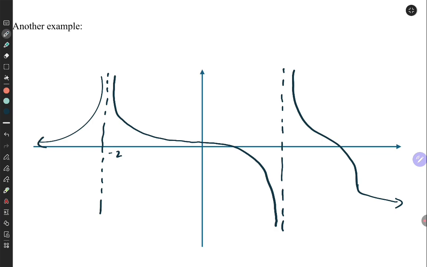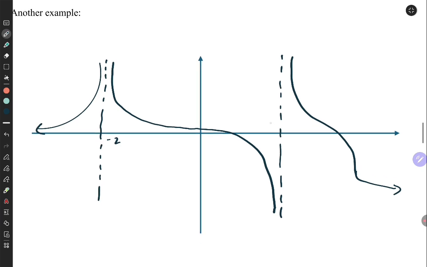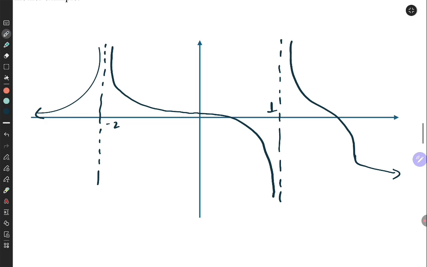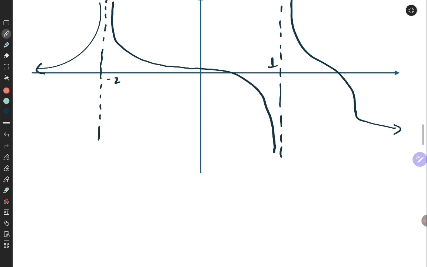Something like this: negative 2, maybe 1. Can you analyze the limit at negative 2 and 1? When you say analyze the limit at some number, that means you are looking at the left and at the right.